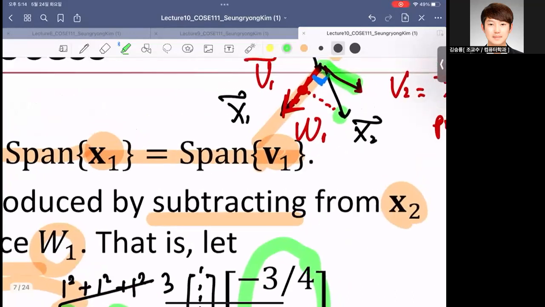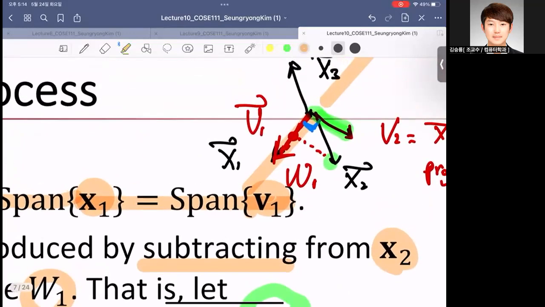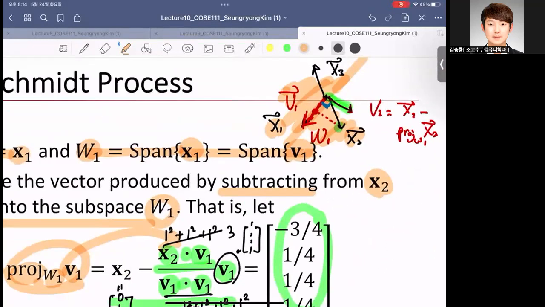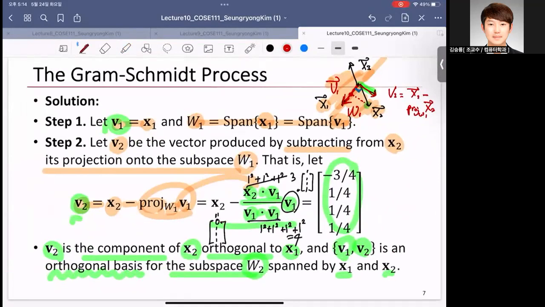In other words, if we consider the subspace spanned by x1 and x2, it may be this space. Then v1 and v2 can represent this subspace W spanned by x1 and x2. So v1 and v2 is an orthogonal basis.